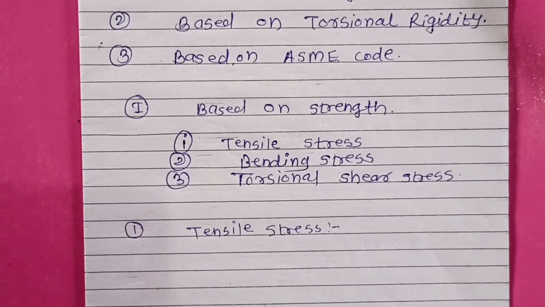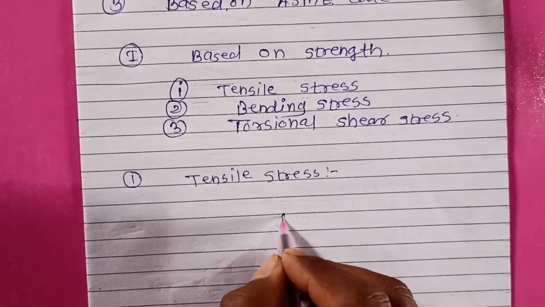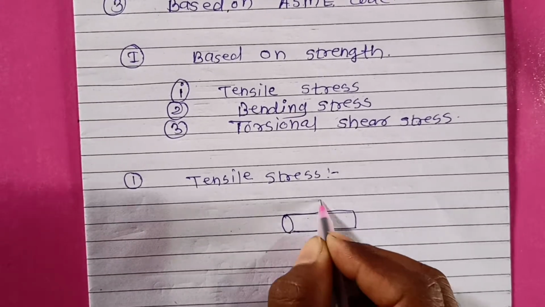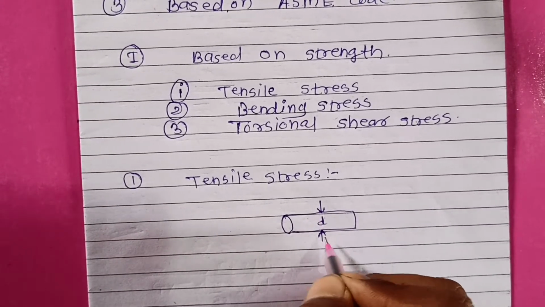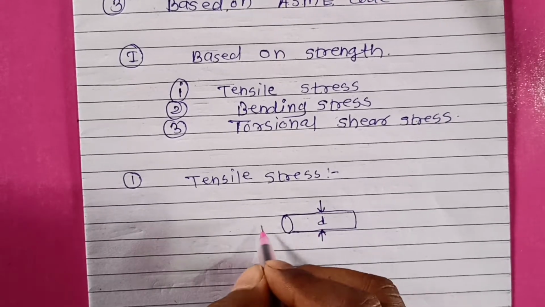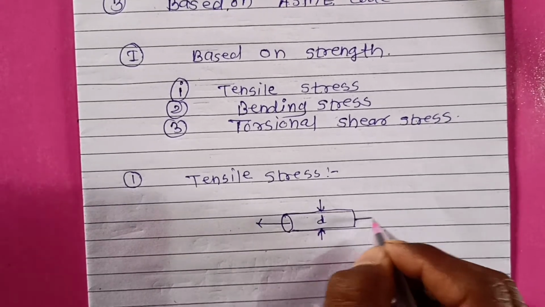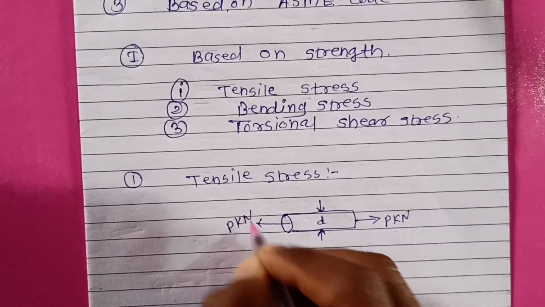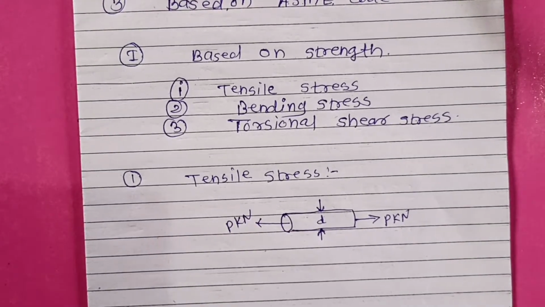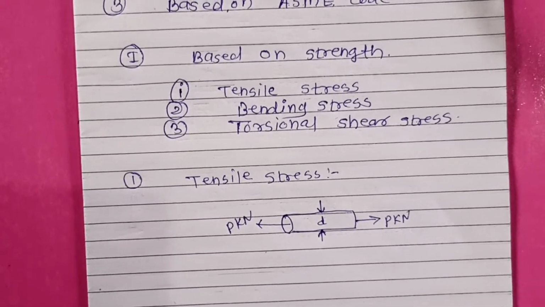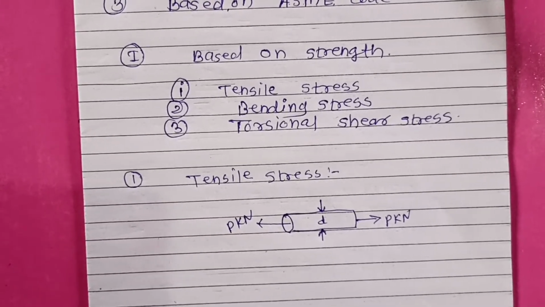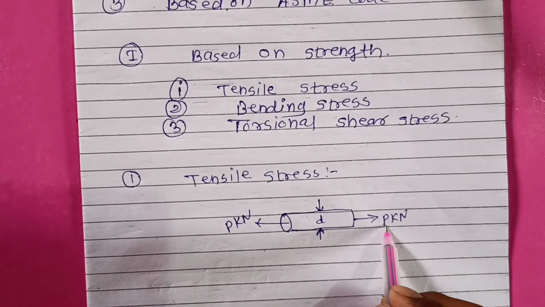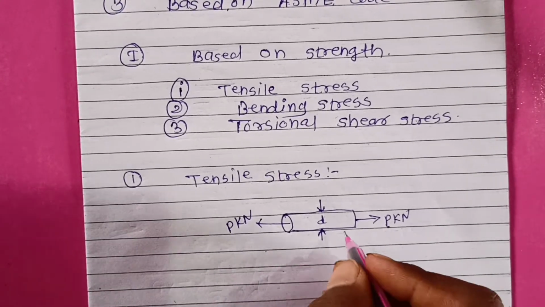Now I am considering one rod having diameter small d, and on the rod a load of P kilonewton acts. How much load acts here? The P kilonewton load acts on the shaft, and due to this load, tensile stress is generated in the shaft.